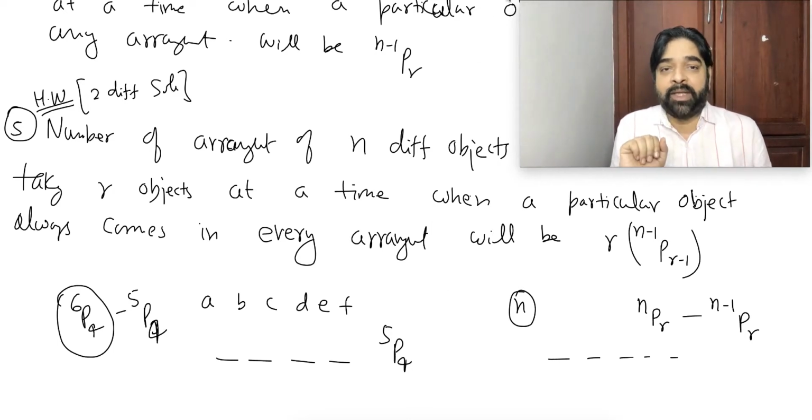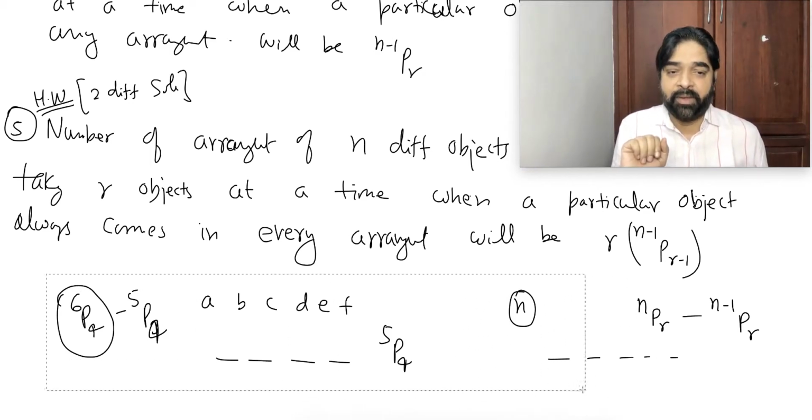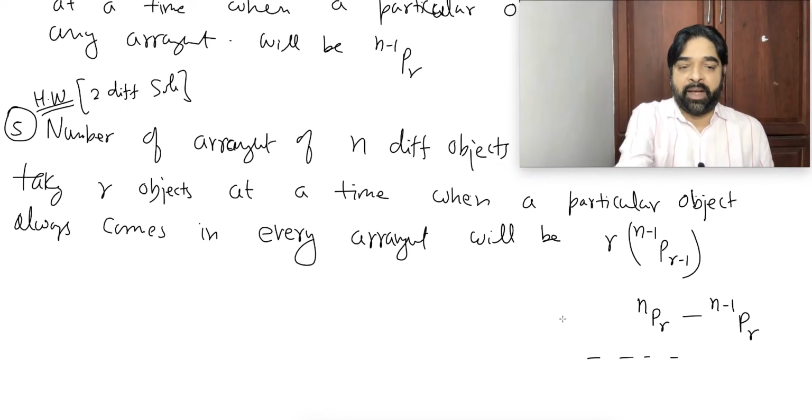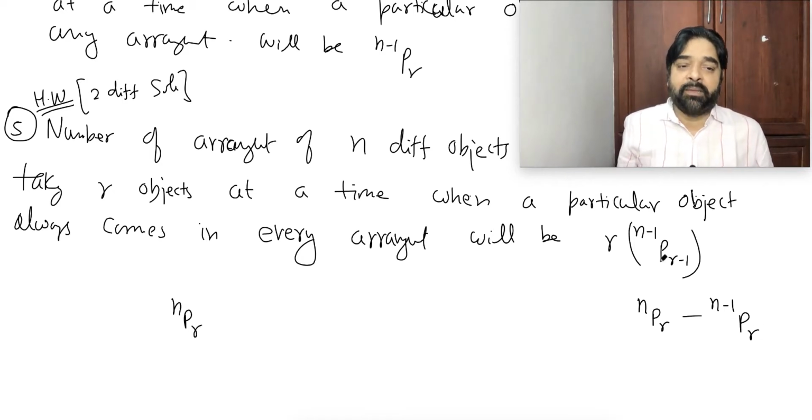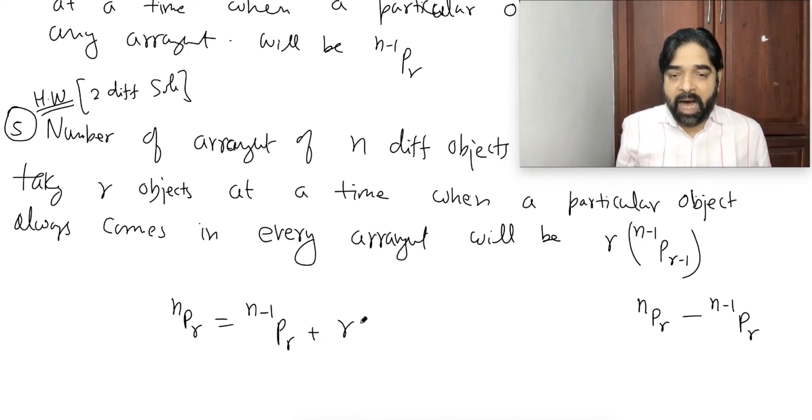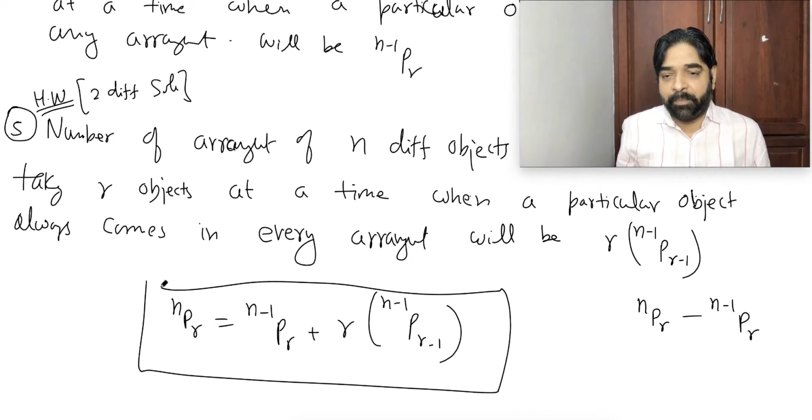If both are the same thing, here we learn one identity for NPR. NPR minus N minus 1 PR will be equal to this. That means NPR equals N minus 1 PR plus R into N minus 1 PR minus 1. This is one of the very important identities.